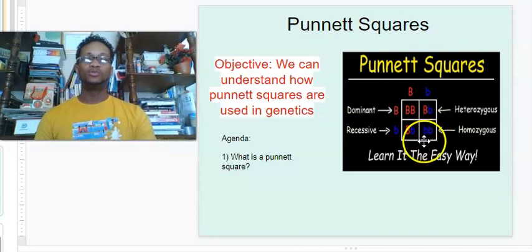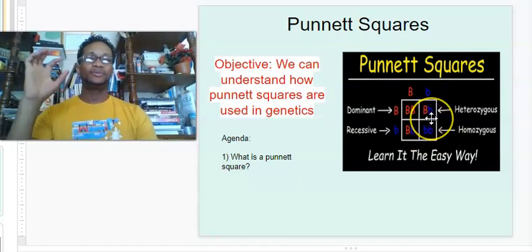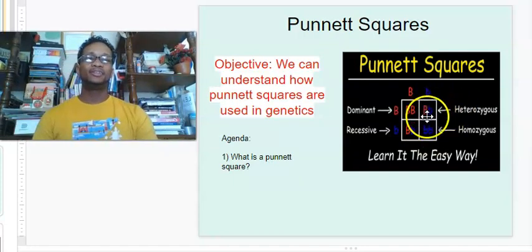When you have two lowercase letters, it's homozygous recessive. If you have a capital and a lowercase, those are heterozygous, or hybrids, while the other two I mentioned before are purebred. Okay?